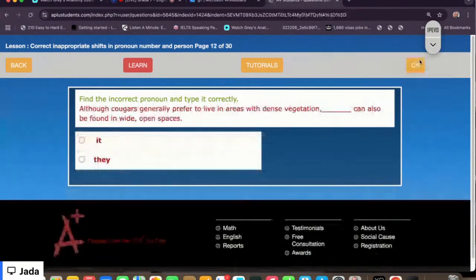Although cougars generally prefer to live in areas with dense vegetation, dash can also be found in wide open spaces. So what do you think? It or they?